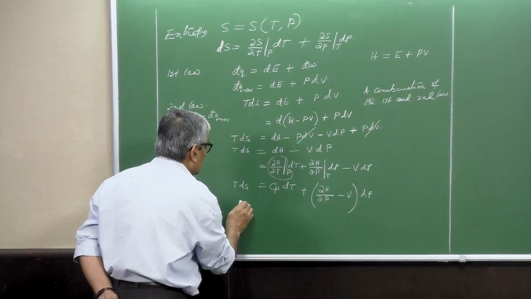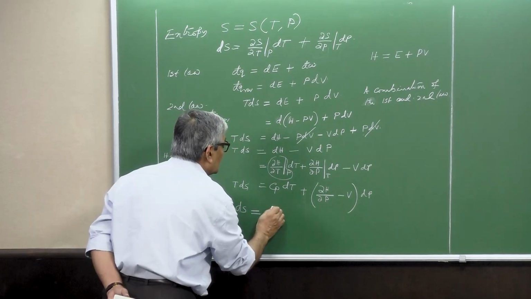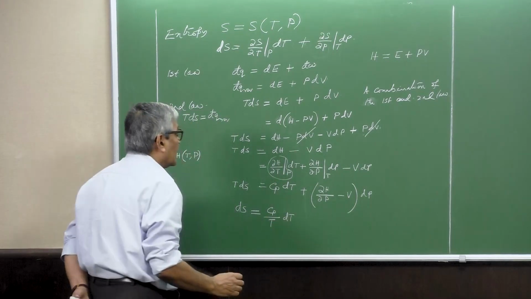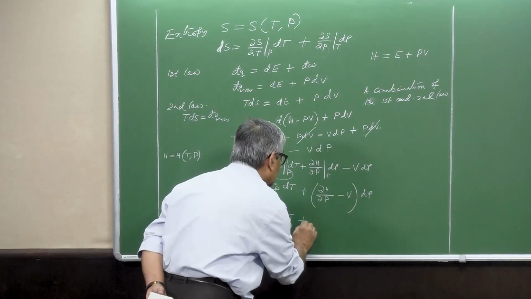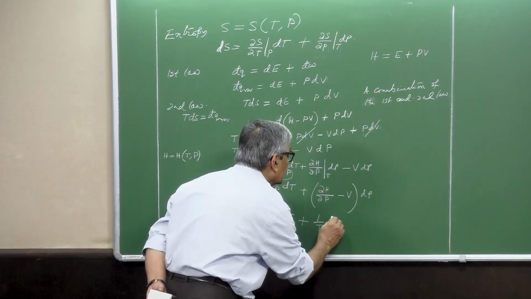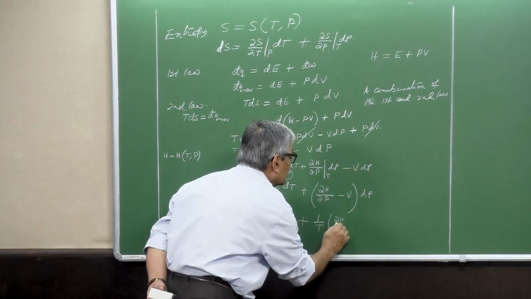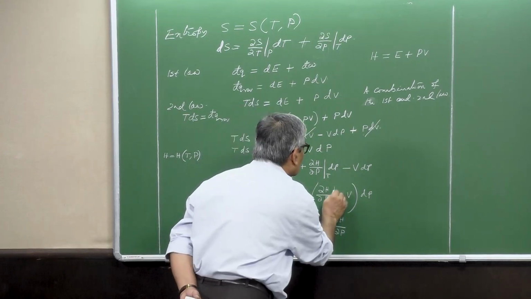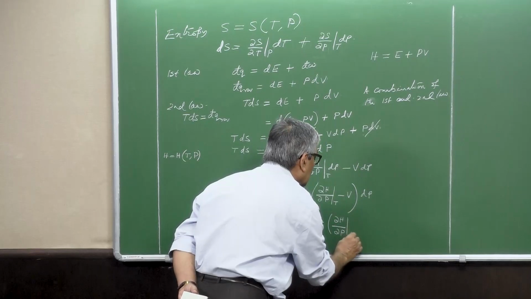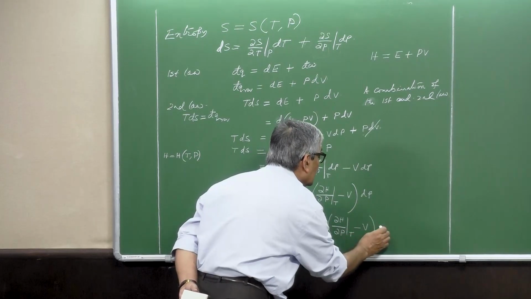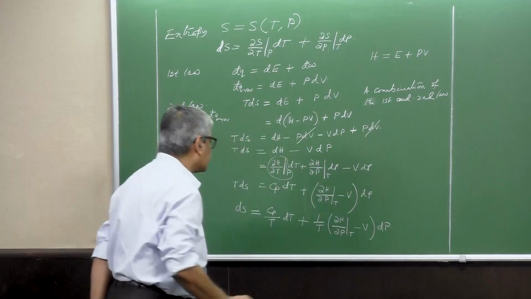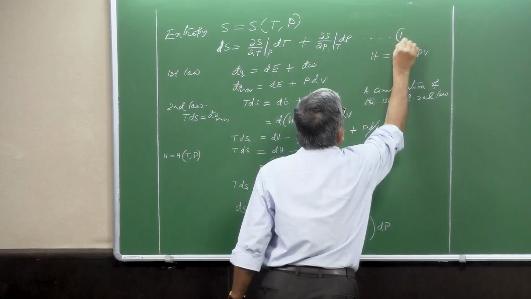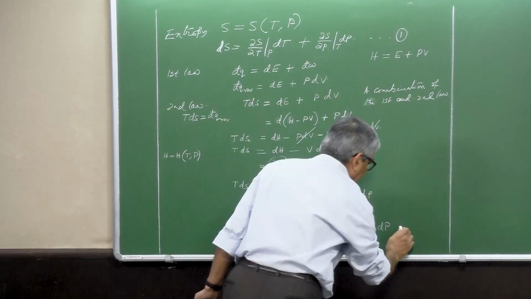Or dS is equal to Cp by T times dT plus 1 by T times del H del P at constant temperature minus V, times dP. So this is my first relation, and this is my second relation.